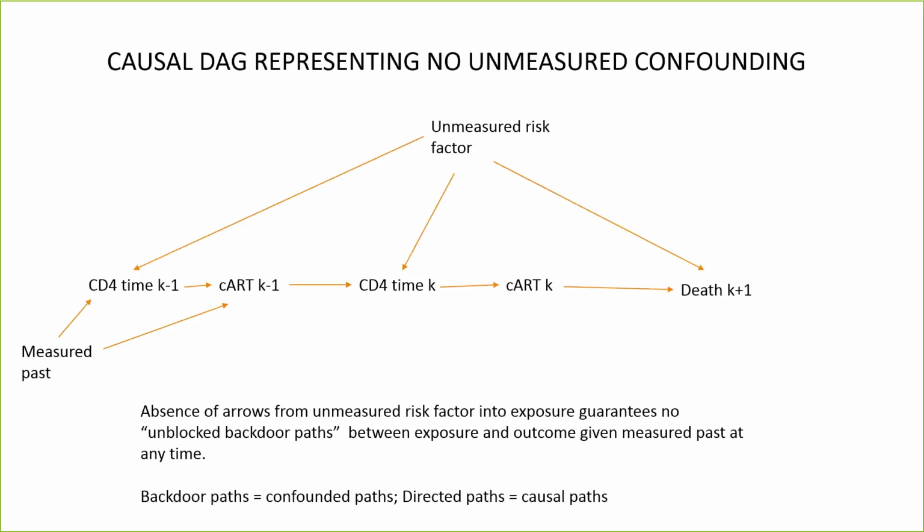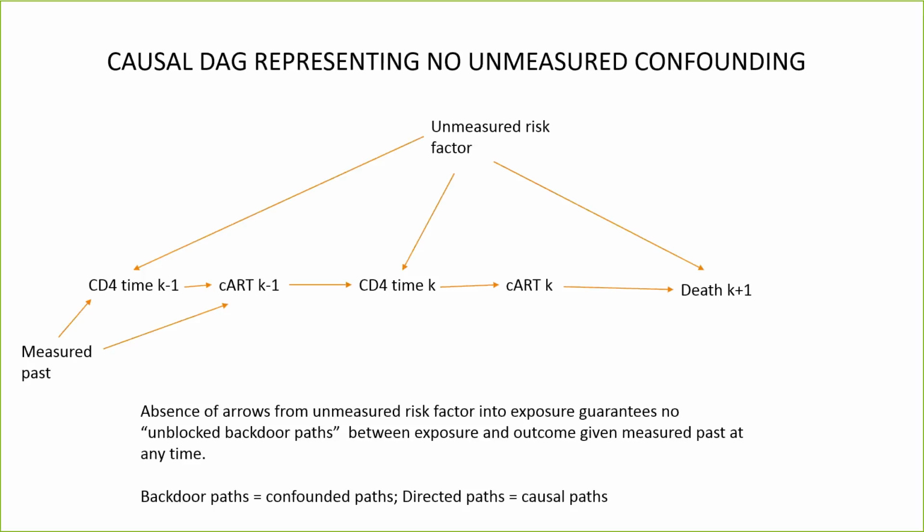So this represents no unmeasured confounding. This is a simplified causal DAG where I just have a subset of time points and only CD4 is a time-varying confounder, but there are others here, viral load, diagnosis of AIDS.